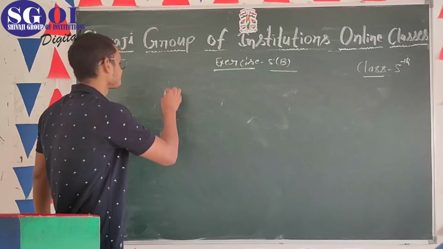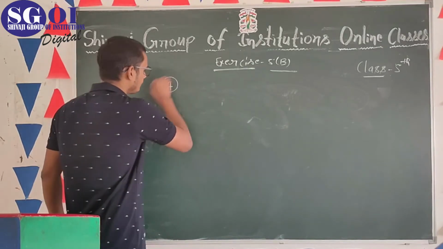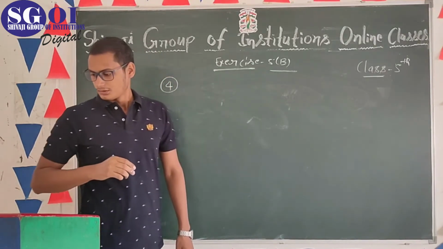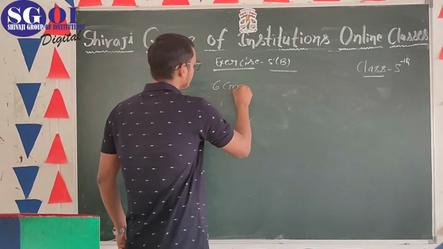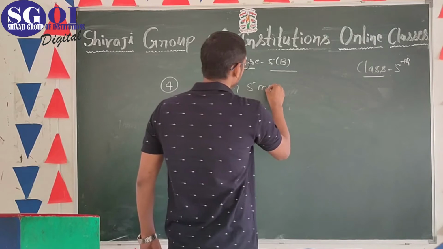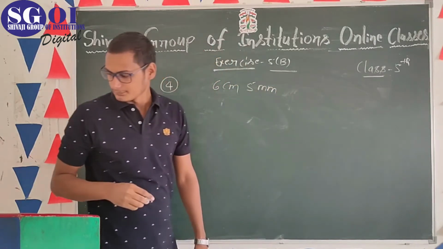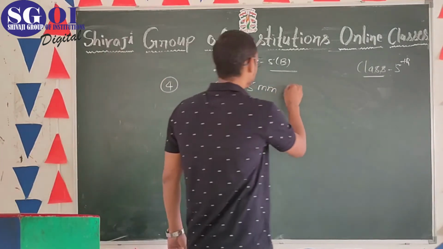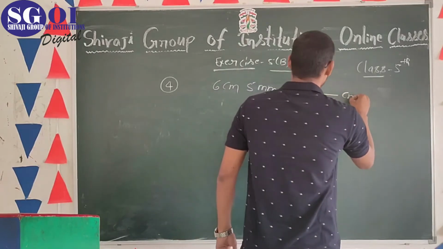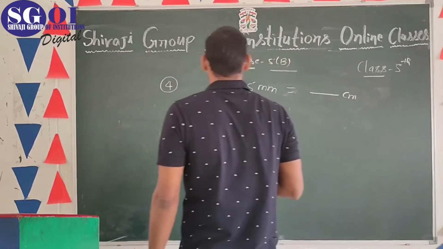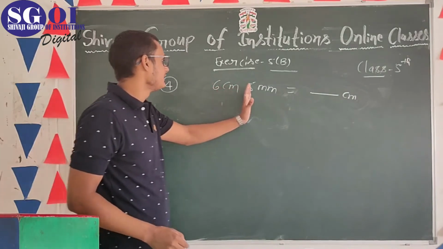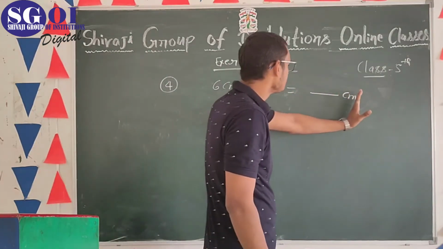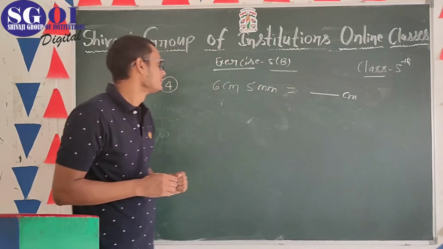Question number 4. 6 centimeter, 5 millimeter, and we have to change it into centimeter. This 6 centimeter and 5 millimeter, change into centimeter.